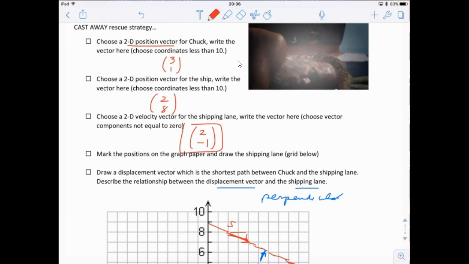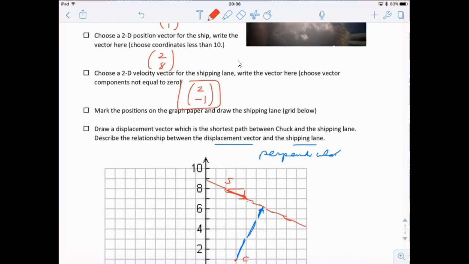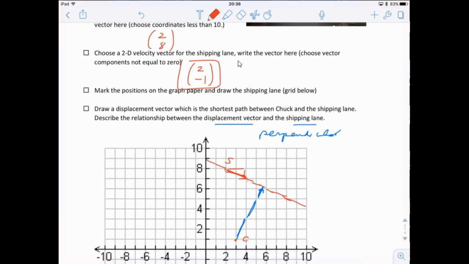So we're going to make sure that 2, negative 1 is perpendicular to Chuck's vector. And so let's define Chuck's vector. Chuck's vector would be 2 this way and 4 this way. So Chuck's displacement vector is going to be something like 2, 4.